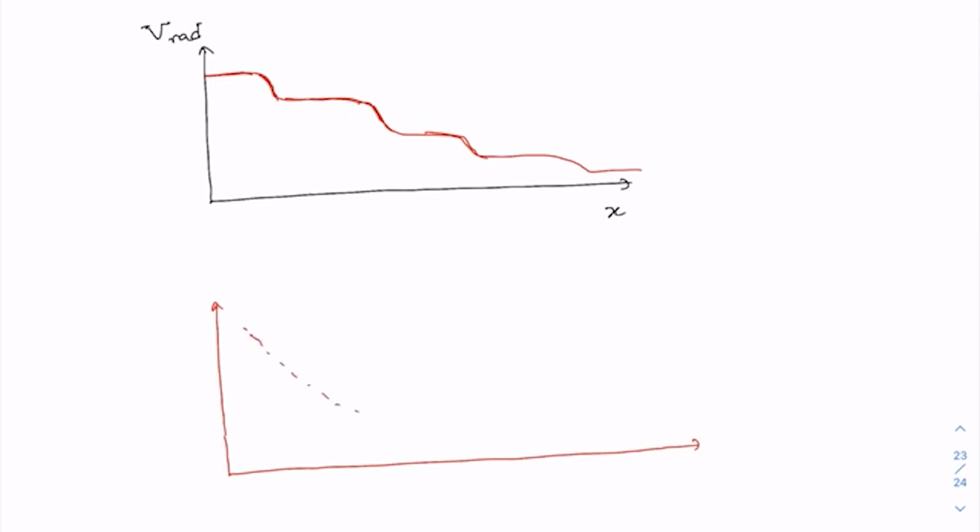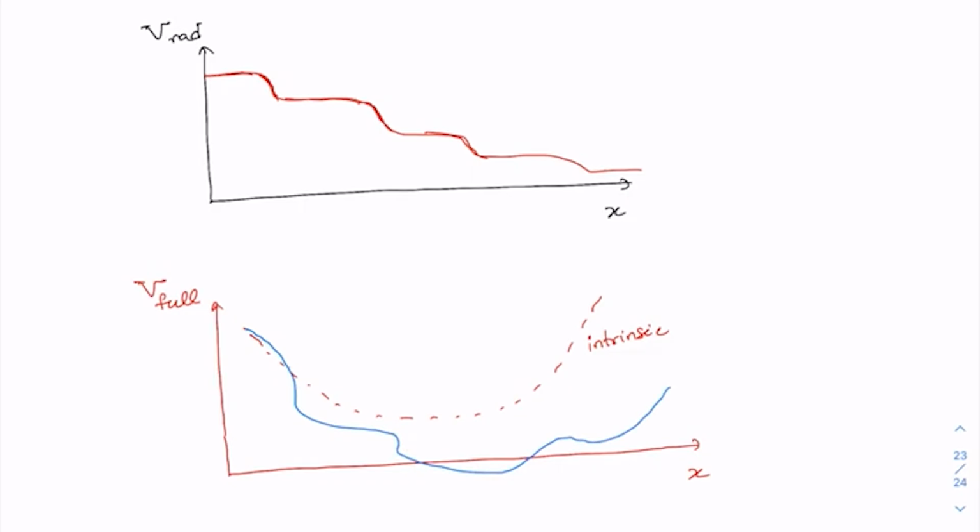So this is our intrinsic potential, and on top of it I have to add this staircase potential. Then I will have the full potential versus the position of the mirror, the variable x, and the plot will look somewhat like this.